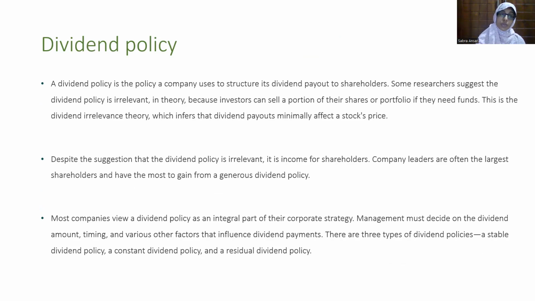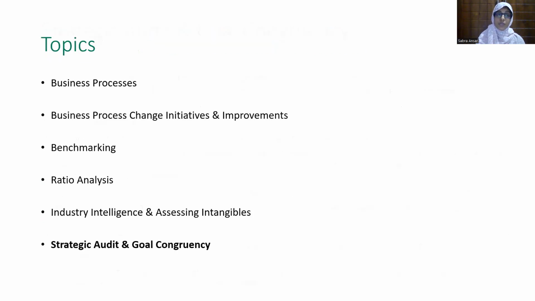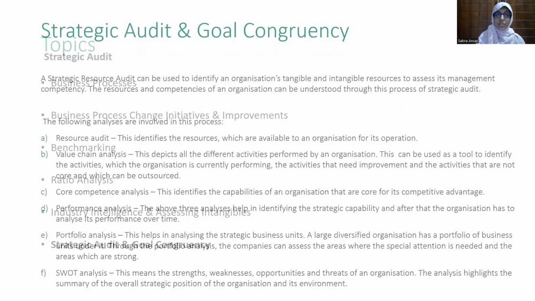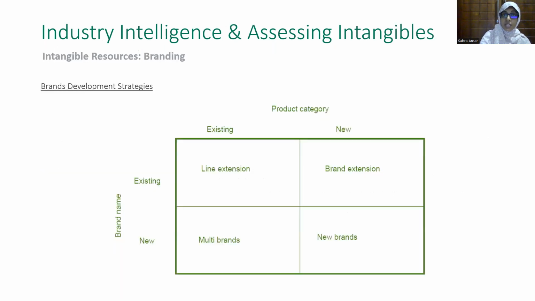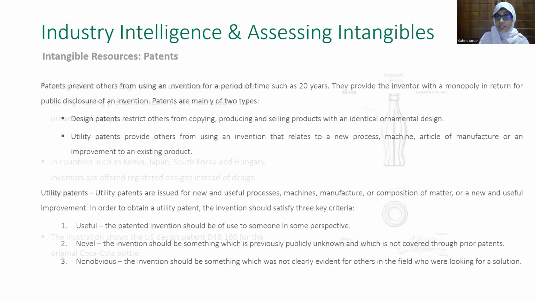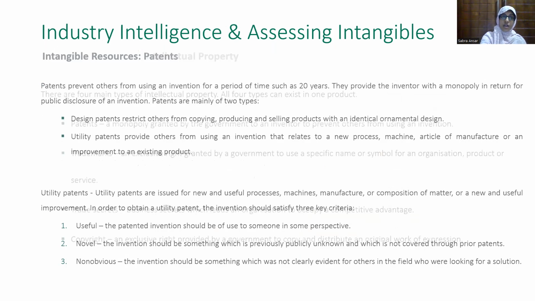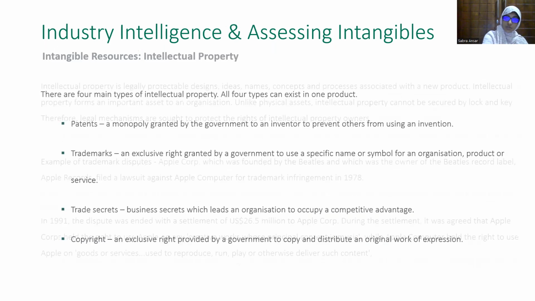As you know, we were talking about a lot of sections today, based on industry intelligence and assessing intangibles. Last week we spoke about ratio analysis, and how the information in the financial statements can be used to analyze organizations. Today we talked about intellectual property.